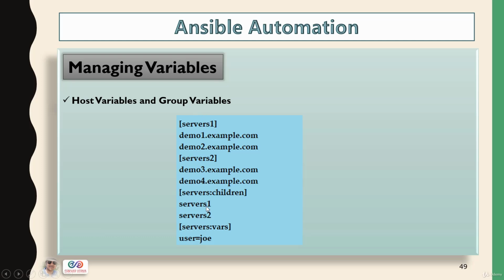Under servers we have two groups, servers1 and servers2. Under servers1 we have demo1 and demo2, and under servers2 we have demo3 and demo4. Since I have defined the variable user equals jaw, in actuality this variable is applicable to all four servers. That is known as a group variable. No worries, we'll do the lab session as well. So friends, that's all. We'll see you in the next lecture.